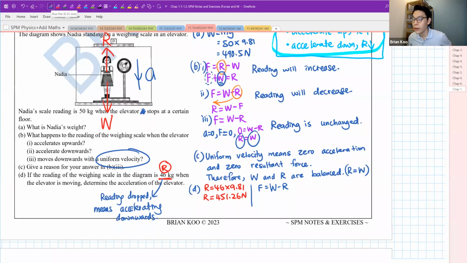Let's try to find out. F is equals to MA. The weight of the girl, we already found out from part A, is 490.5. The R we just found out is 451.26. The mass of this girl is 50 kg. We are looking for the acceleration.